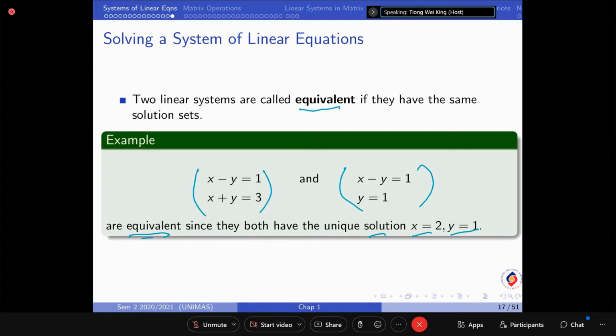Okay, so this is left for your homework. You go back and try. If x equals 2, y equals 1 in all the equations here, you will see that it will satisfy them. Then if you have the same solution, these 2 linear systems are equivalent.